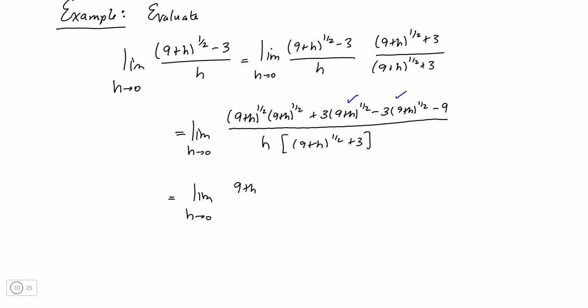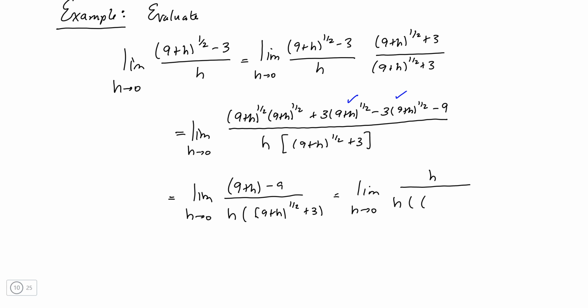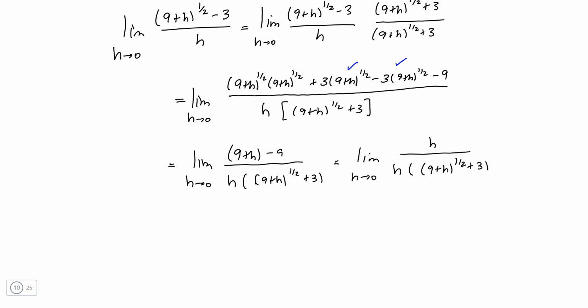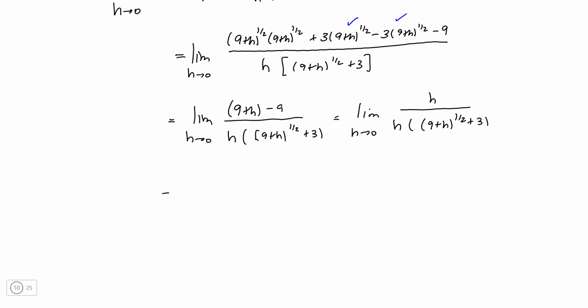And then I have this minus 9 at the end, and this is all over h times ((9 + h)^(1/2) + 3). Now, the 9s will cancel in the top because I have a 9 minus a 9. So I'll just get h in the top. I have the h in the bottom, and then I have (9 + h)^(1/2) plus 3. Since I have an h in the top and an h in the bottom, those will cancel out.